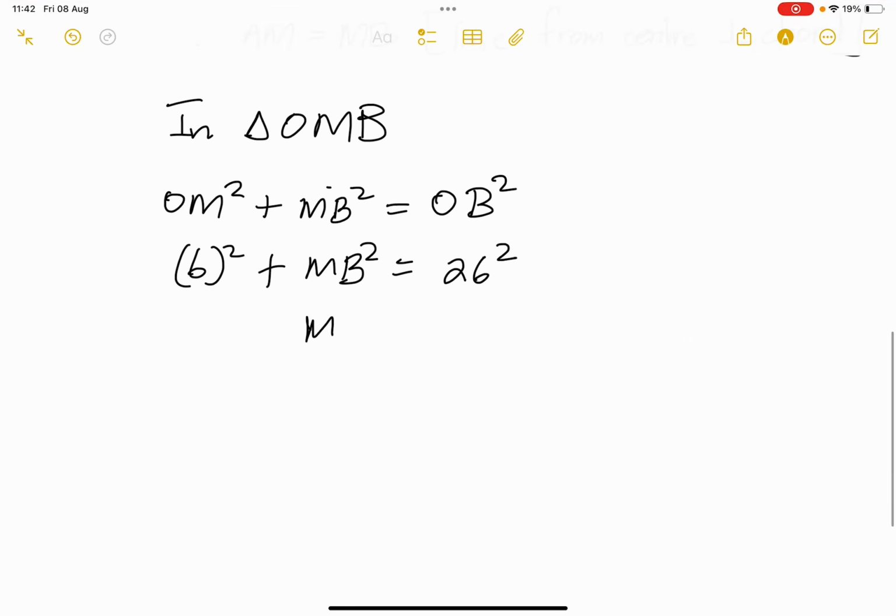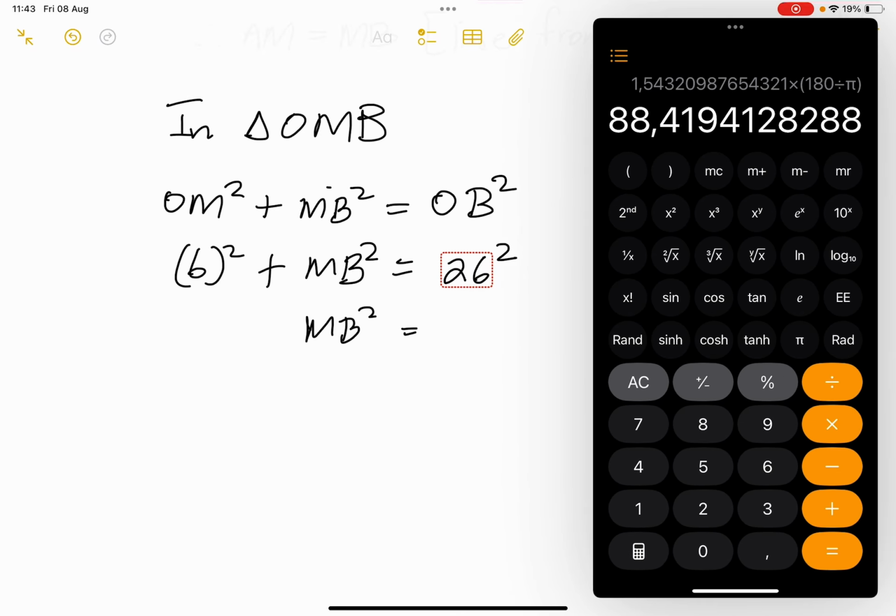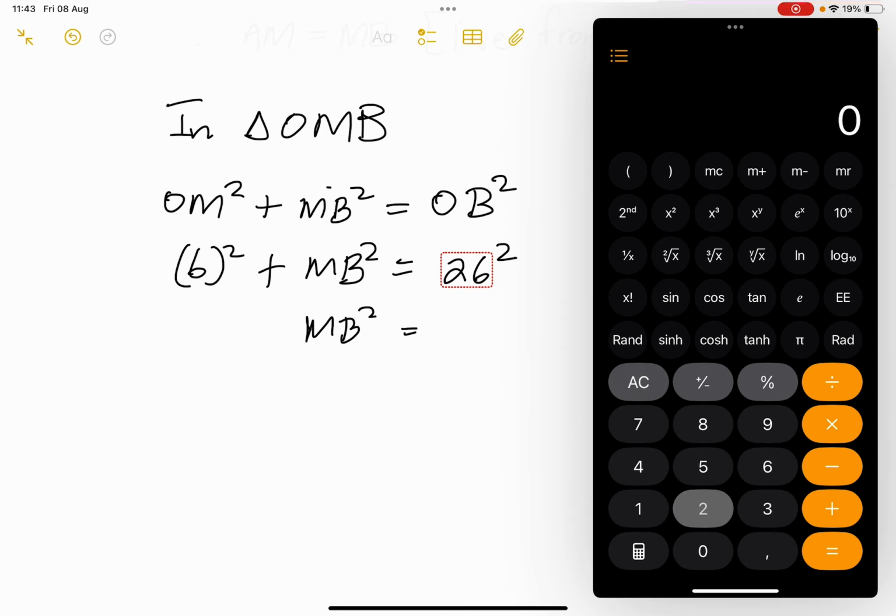So let's work it out quickly. MB squared is going to be 26 squared minus 6 squared.